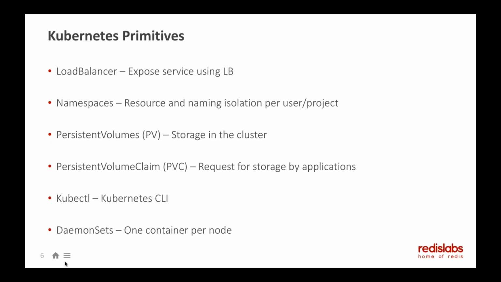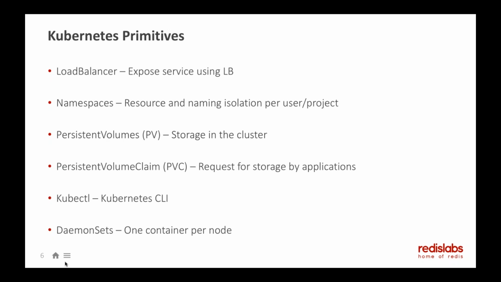Once you define your load balancer in your deployment, Kubernetes itself will take care of instantiating that load balancer in whatever cloud you are in. In AWS, it might be an ELB, and Azure has its own construct, so does GCP. But the load balancer itself is an abstraction so that you don't have to worry about how that load balancer is implemented in different clouds.